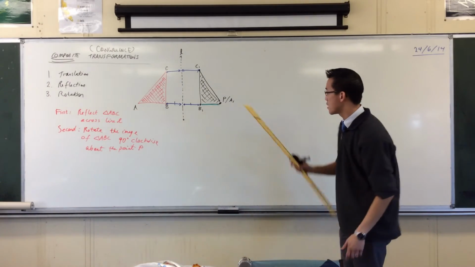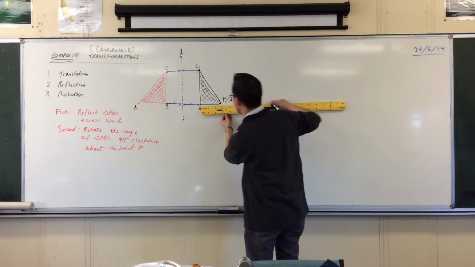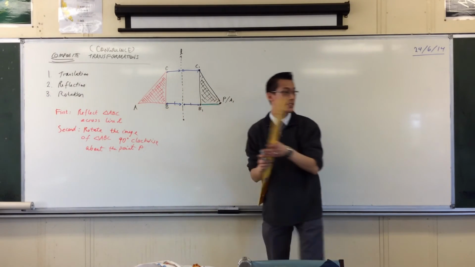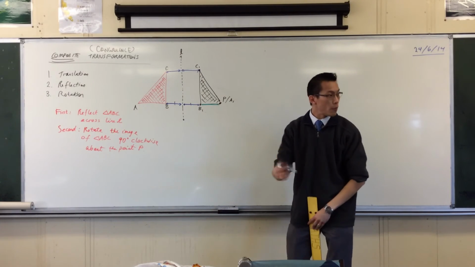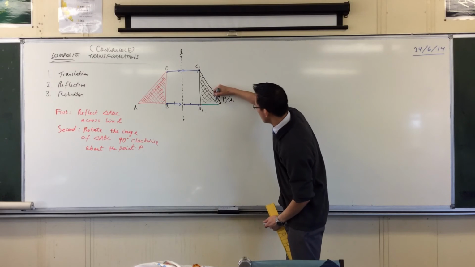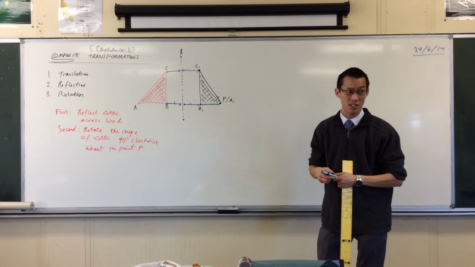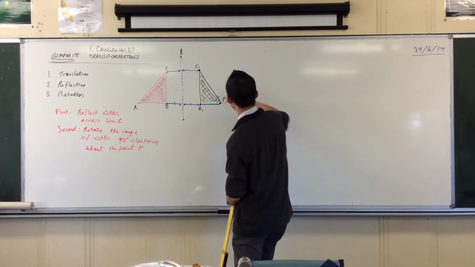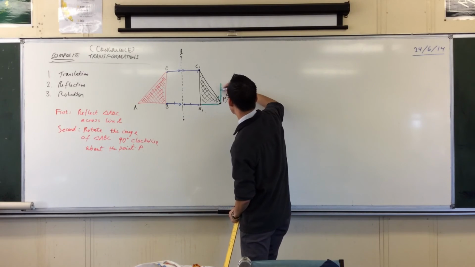You're going to need to measure the length of this line. My one is about 14 centimeters long. Obviously yours will be a bit smaller than that. But when we rotate it those 90 degrees, it's going to go around like this. Can you see it's going clockwise? So it should end up something like this. There you go.